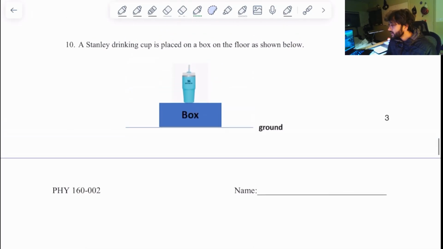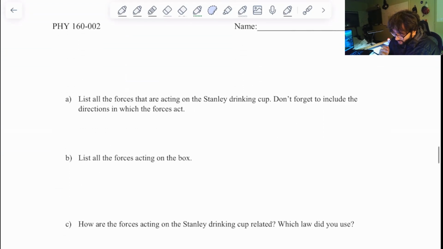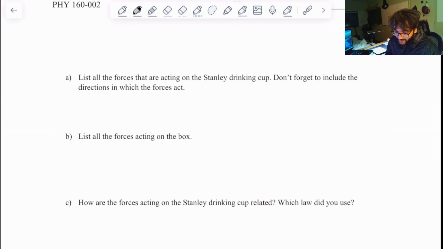Sometimes it is easy to imagine yourself being the object that we are discussing. So imagine you are that Stanley cup, sitting on that box. What do you feel? The only thing you feel is the reaction from the box. So that is the answer. It is a little tricky because it asks you to list all the forces, but there's just one on the Stanley drinking cup.